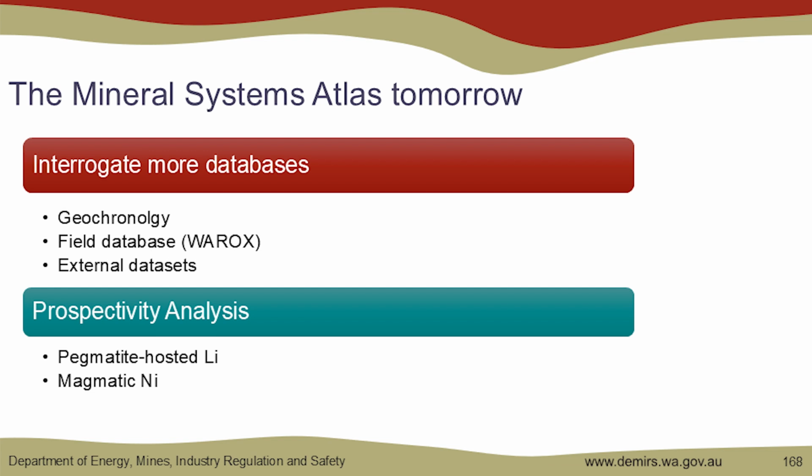And as I said, just making and adding more systems to the Mineral System Atlas. So if anyone has any ideas, please come and see me. What we're also starting to do is prospectivity analysis and producing actual prospectivity maps. So we're looking at doing the pegmatite-hosted lithium, or we've done the pegmatite-hosted lithium, but also magmatic nickel.